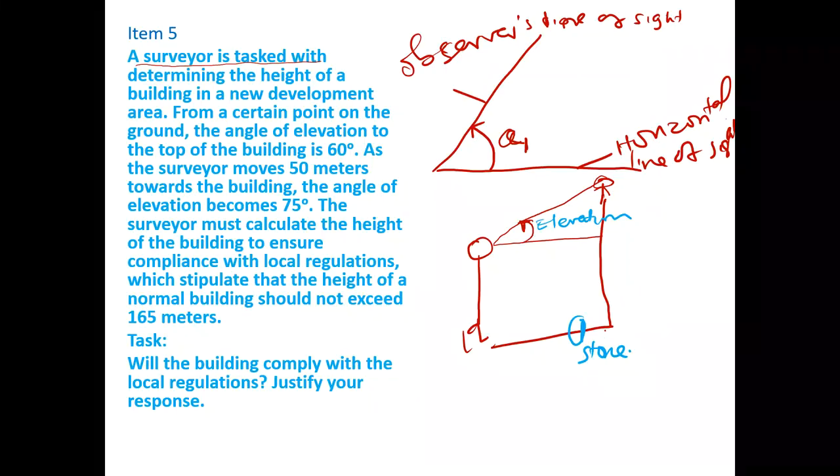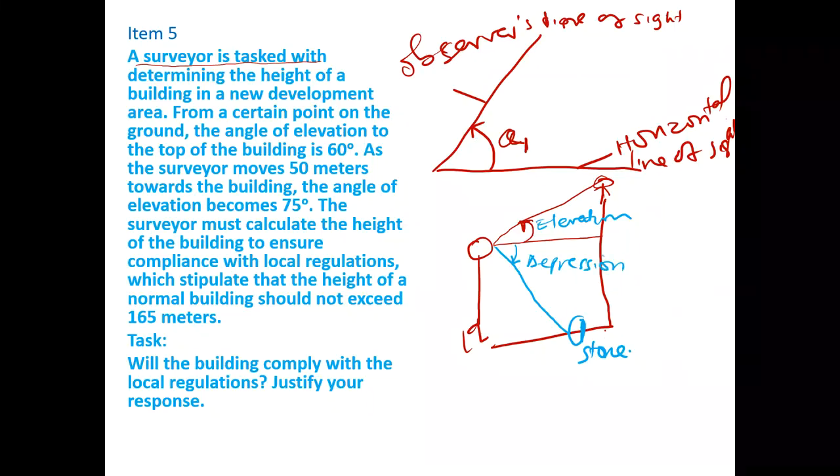Teacher Isaac cannot see this stone when he has not lowered his sight. Instead, he will lower his sight until he is able to see a stone which is below his head. So this angle at which we see something below our head is what we call angle of depression.